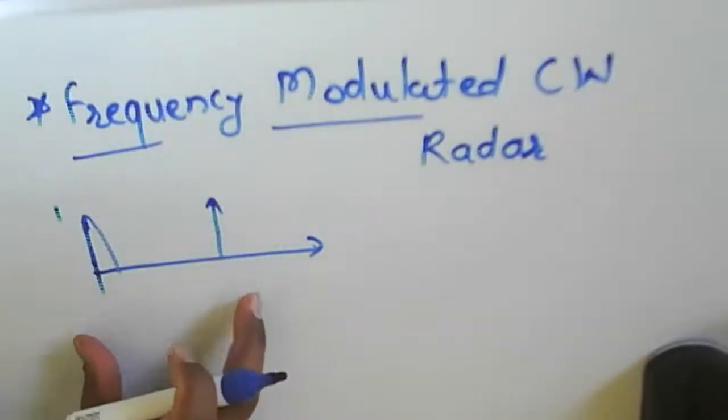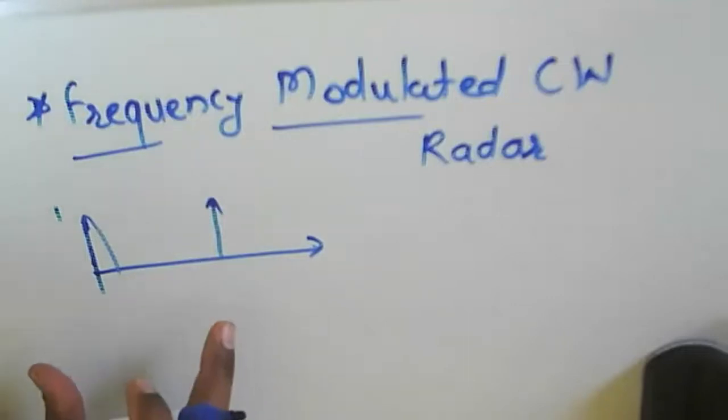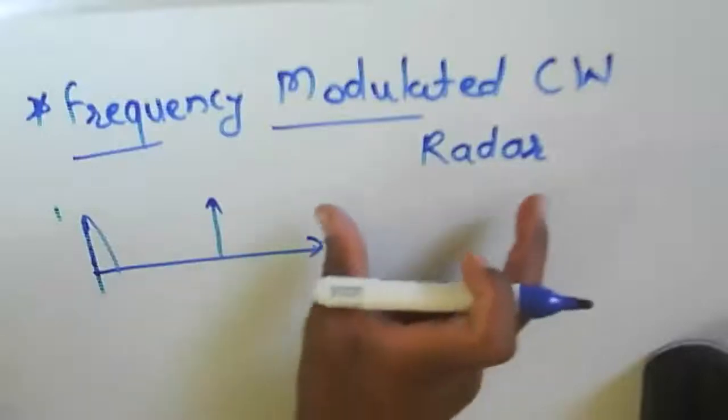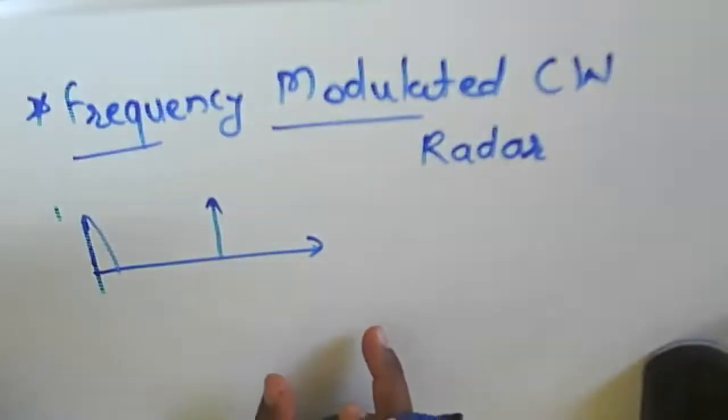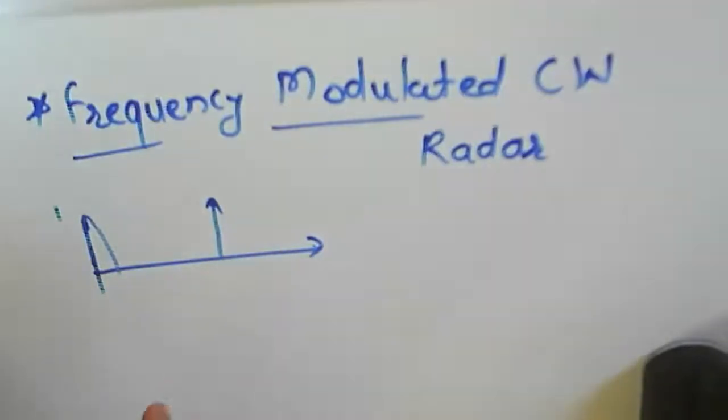But in the case of frequency modulation, the carrier or transmitted signal will be frequency modulated, so naturally we will get a wide band of operation.